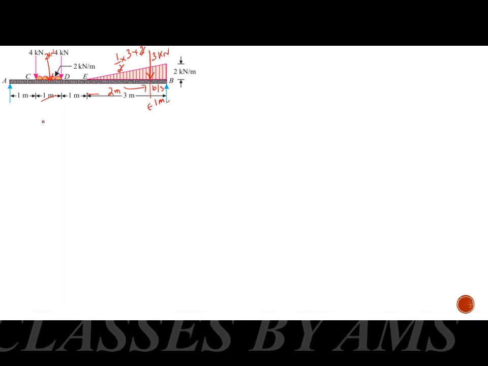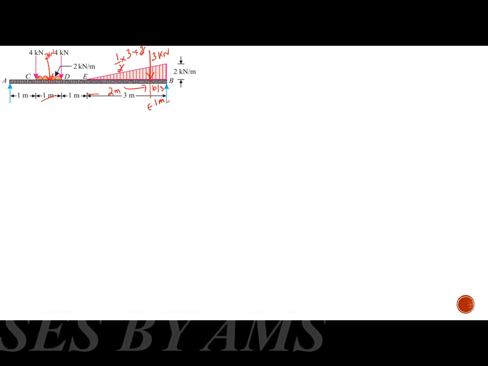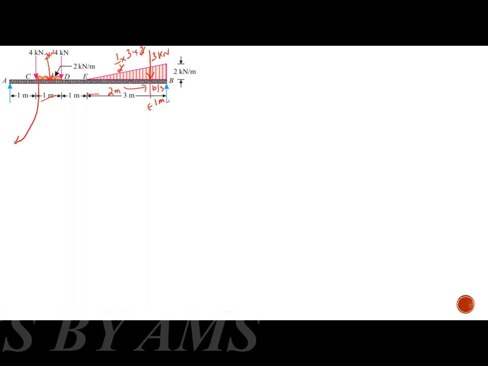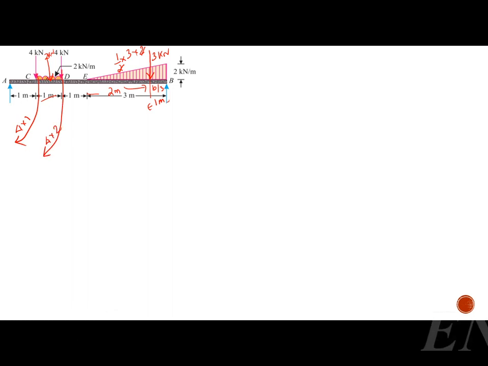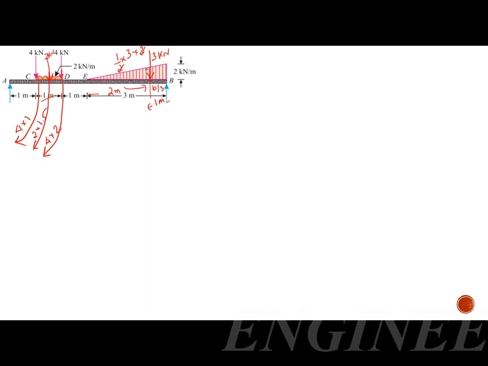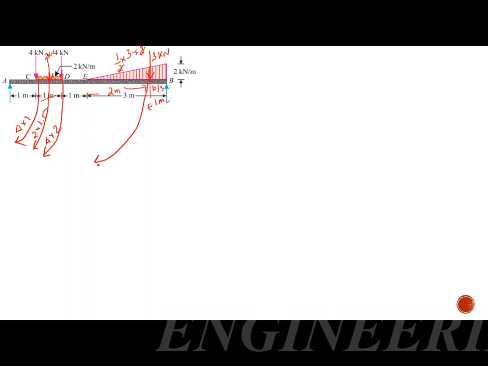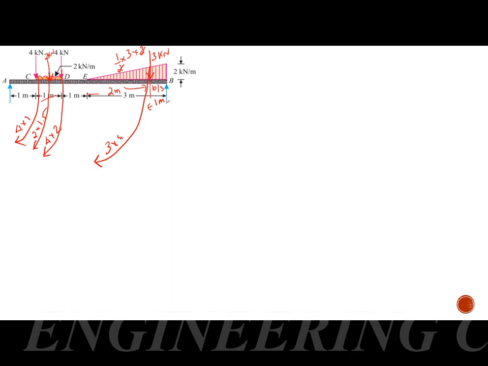Okay. And we will apply the clockwise moments. 4 kilonewton creates a clockwise moment equal to 4 into 1. Again the 4 creates a clockwise moment 4 into 2. 2 kilonewton creates a clockwise moment equal to 2 into 1.5. And this 3 kilonewton creates a clockwise moment equal to 3 into 5.